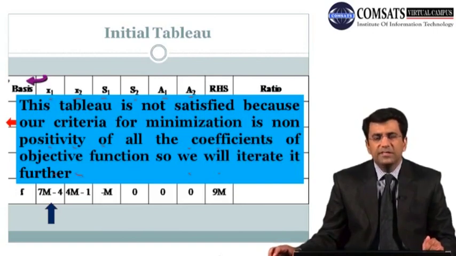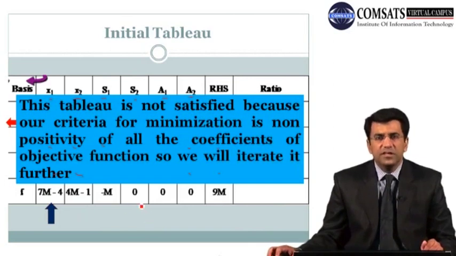But now we are interested in the minimization problem, so our criteria of optimality will change, and now we will have to check whether all the coefficients of the objective function are negative or not. In this situation of minimization, the criteria of optimality is that the coefficients of the objective function must be negative. If all the coefficients are negative, then it means this table will give you the optimum solution.